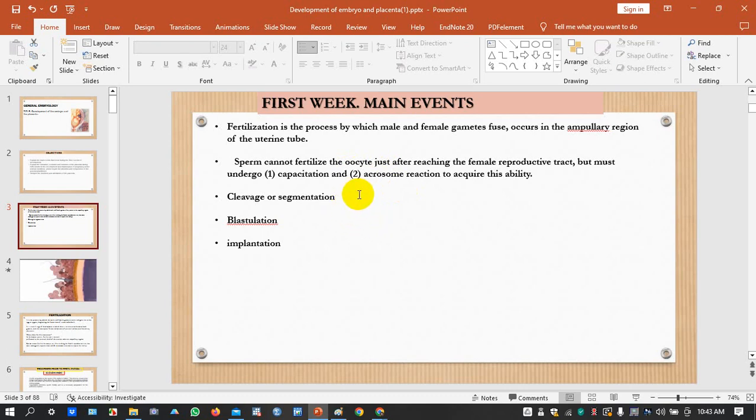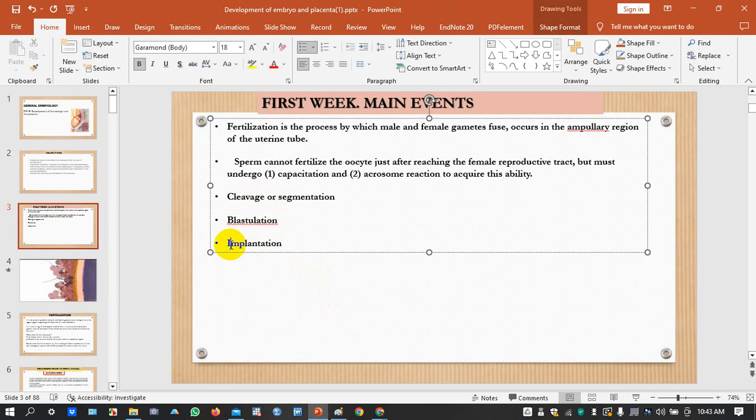After fertilization and zygote formation, it is followed by cleavage or segmentation. Then the cleavage will lead to the formation of a blastocyst, in a process called blastulation. Then the blastocyst will go and implant in the endometrium, the functional layer of the endometrium.